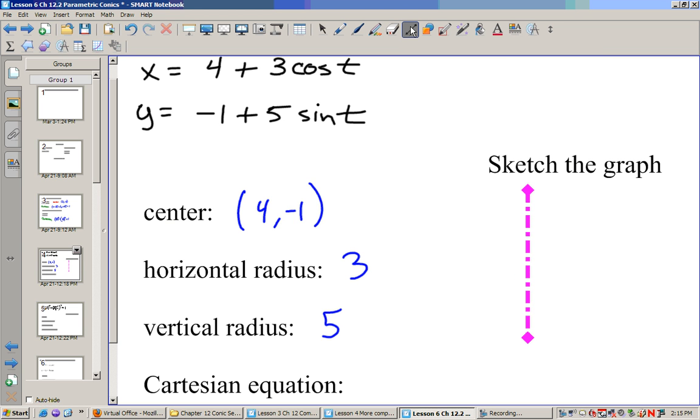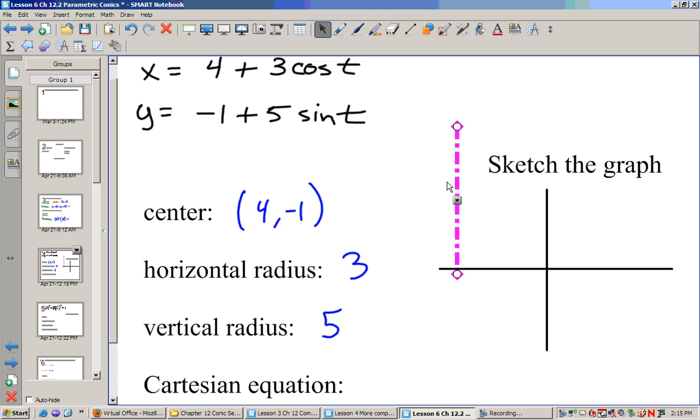Nope, that's not the one I wanted. Let's get rid of this. And I'm going to go 4, negative 1. 1, 2, 3, 4. Down 1. And in the x direction I'm going to go 3 to the left, 1, 2, 3. 3 to the right, 1, 2, 3.